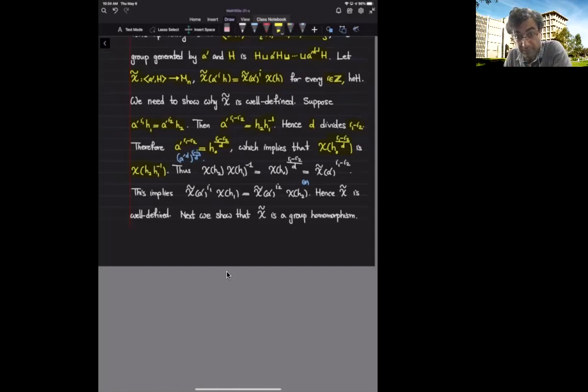Chi is a group homomorphism on H, so I get that chi of H2 times chi of H1 inverse is chi of H naught raised to power (I1 minus I2) over D.